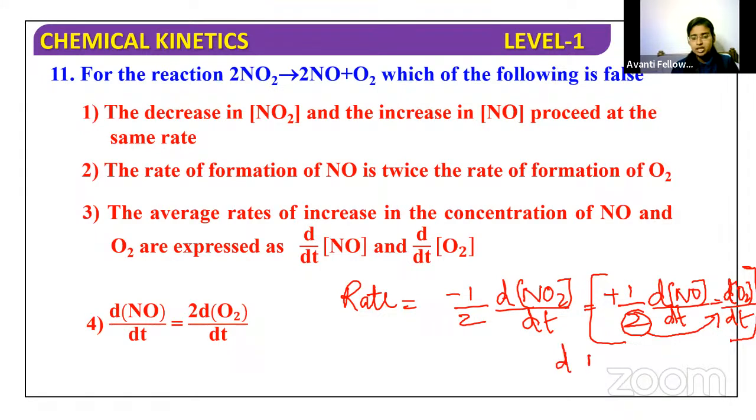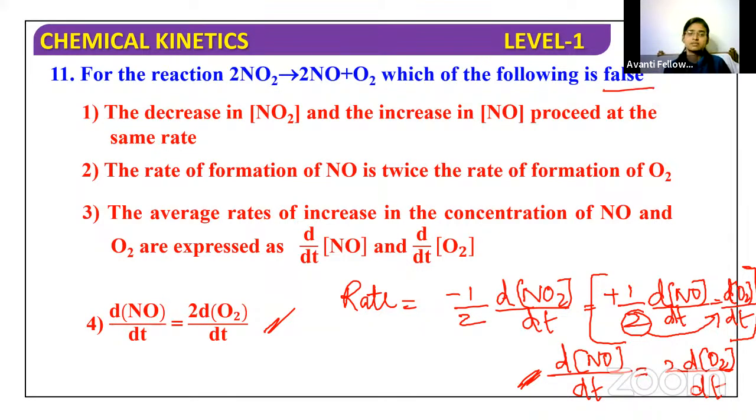So I will have dNO by dt equal to 2 into dO2 by dt. So I'm getting option 4. Option 4 is the correct relation, so that is not the answer. We have to find out which is false, so the answer lies between options 1, 2, 3.